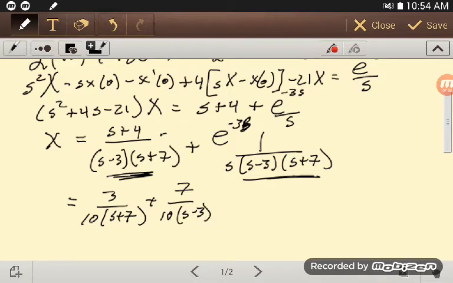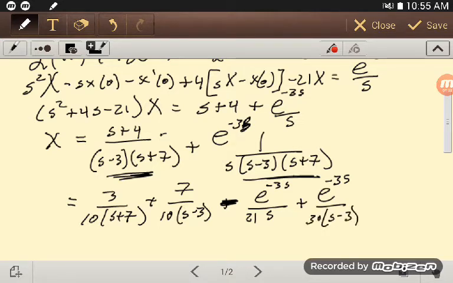And then I have plus, well, actually I guess minus for that first one, e to the minus 3s over, and that was, I believe, negative 1 over 21s, and then plus e to the negative 3s over 30 times s minus 3, and plus e to the minus 3s over 70 times s plus 7. I think I got those in the right order.